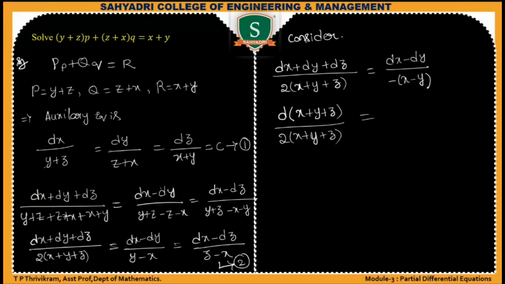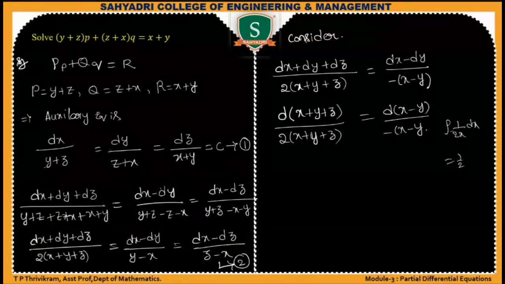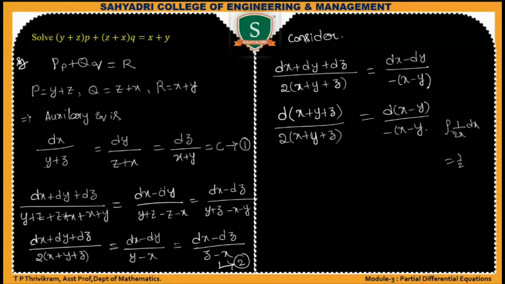Similarly, here also in the same way, I can write d of (x minus y) divided by minus of (x minus y). Now, if you do the integration on both sides, what happens? It is of the form integral 1 by 2x dx. So, what is the result? 1 by 2 into integration of 1 by x, integration of 1 by x is log x.